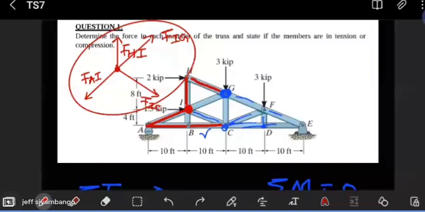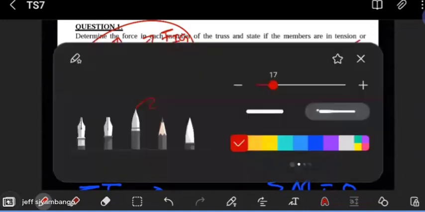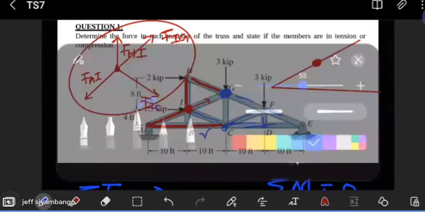So if you wanted to find a way of resolving this force here along that member, what you have to see there is that you have a straight line running from A through I all the way up to G. Then you have a horizontal line from A going all the way up to D. Now, you have to just keep in mind one thing. The force through I, as in from I to G, is running in this direction, in this way.